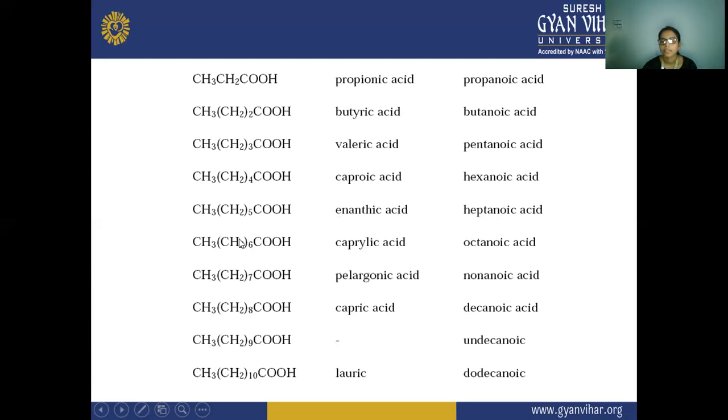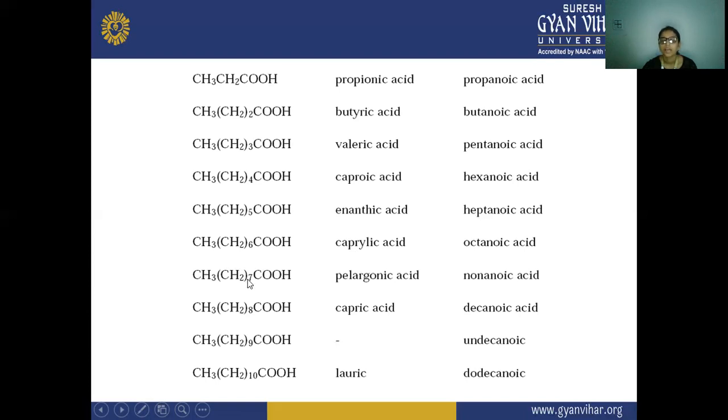Again this has 8 carbon atoms and its common name is caprylic acid, and according to the IUPAC system its name is octane, and E is replaced by oic acid. That is why its name is octanoic acid.